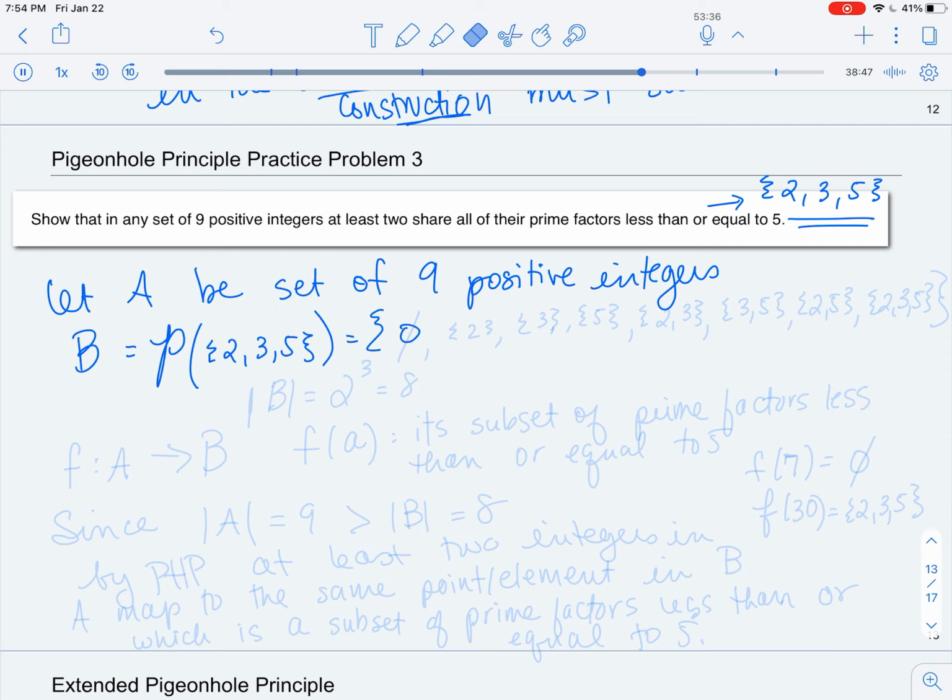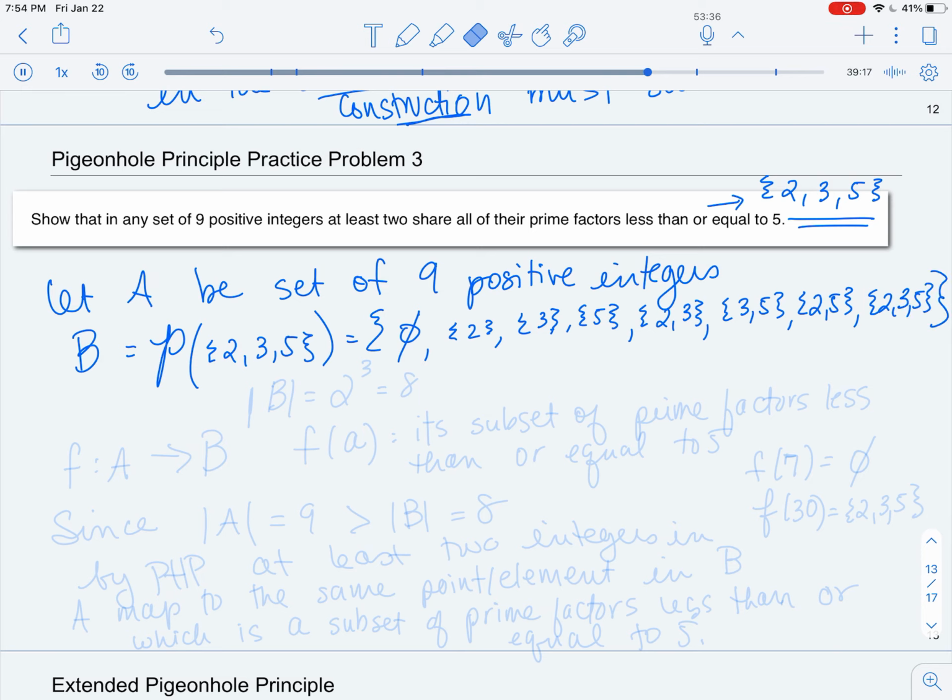They can have no prime factors less than or equal to 5, or just 2, or 3, or 5, or perhaps 2 and 3, or 3 and 5, or 2 and 5, or they can have all of them.